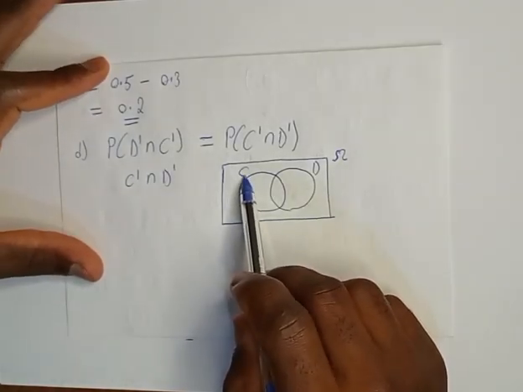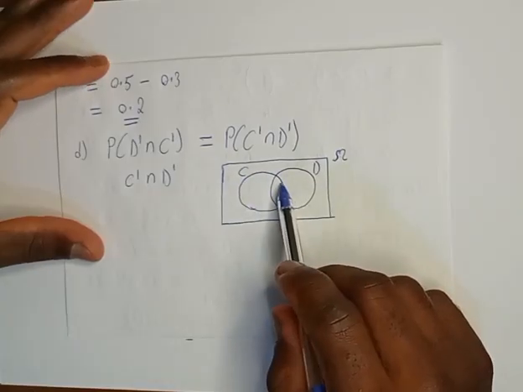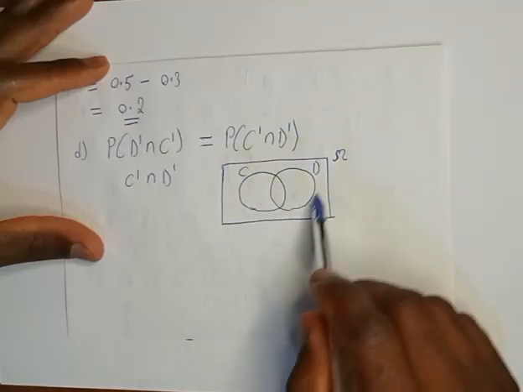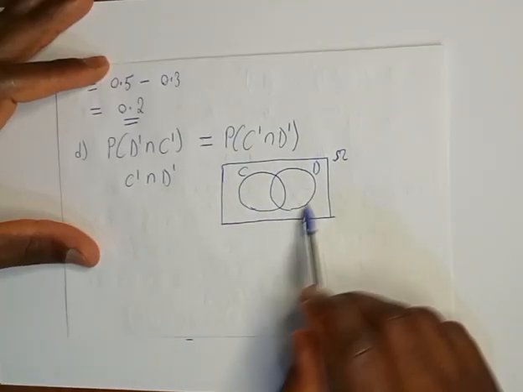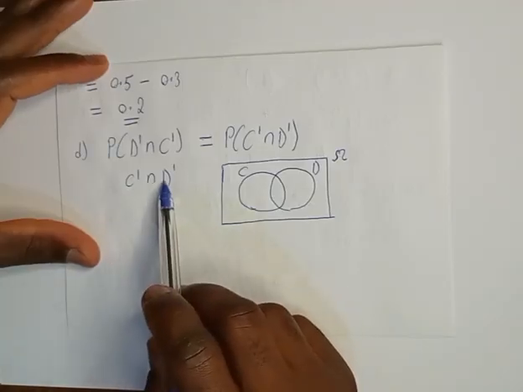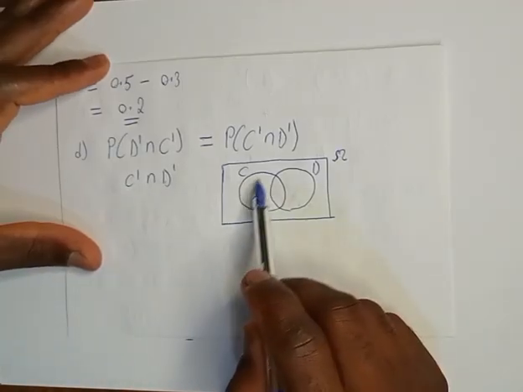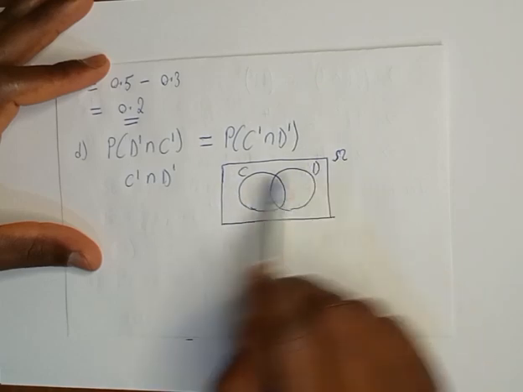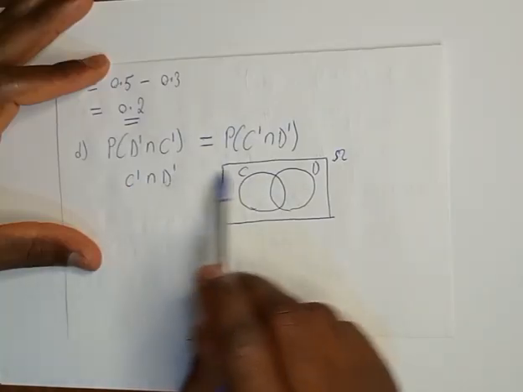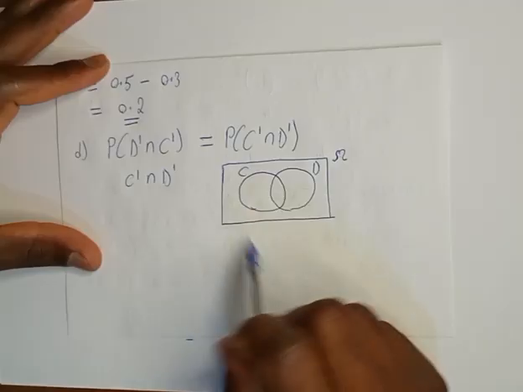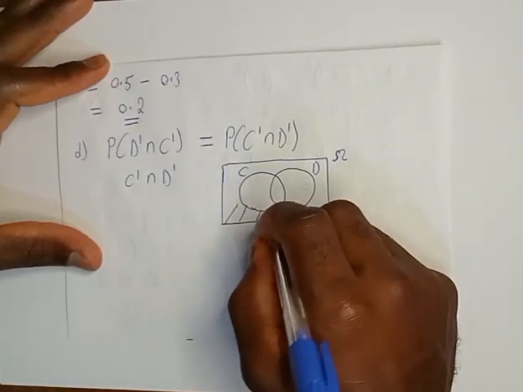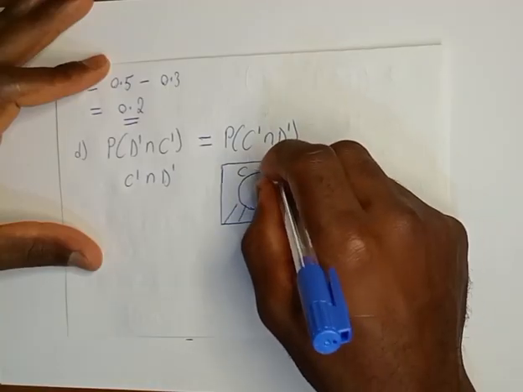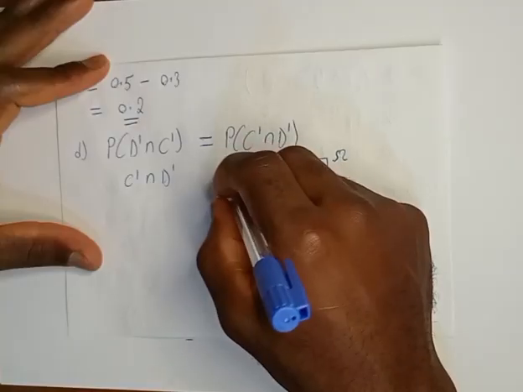C prime, this is C prime, this portion, and the outer portion. Next, D prime, this is D prime, and the outer portion. C prime intersection D prime will simply be out here. This is it. This shaded portion.